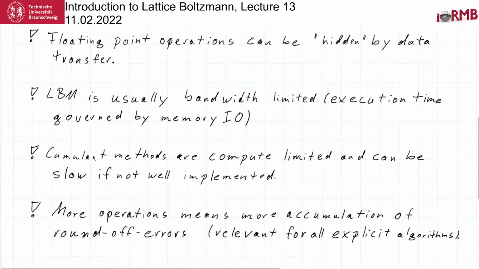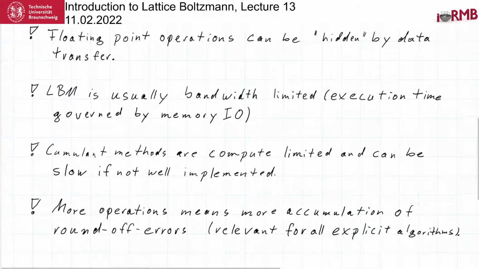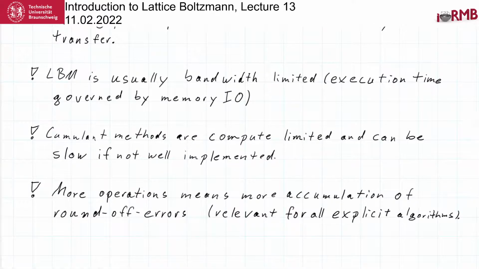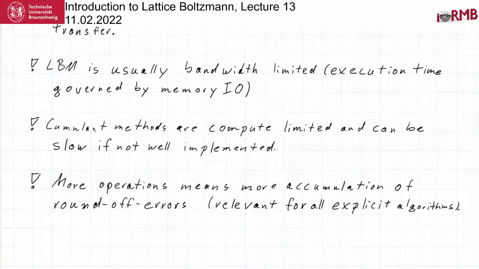And this also has another thing that we will discuss in this lecture, namely that when you have more operations, this does not only take more time, but if you have more operations, you also accumulate more round-off errors.